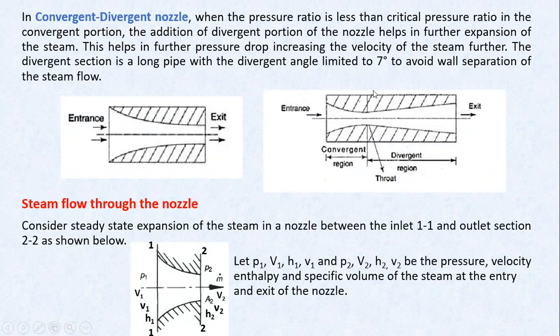So by using this convergent-divergent nozzle, we can have more expansion and get higher velocity compared to the convergent nozzle.